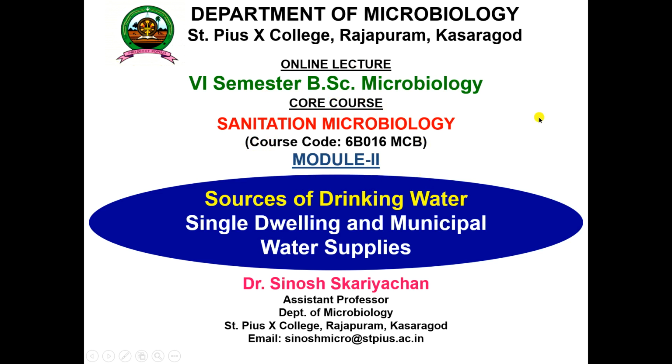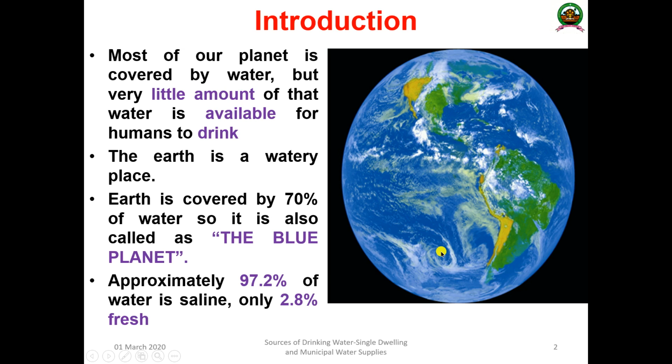And today's topic we are going to discuss is sources of drinking water, single dwelling and municipal water supplies. As an introduction, water is one of the most essential commodities to live.